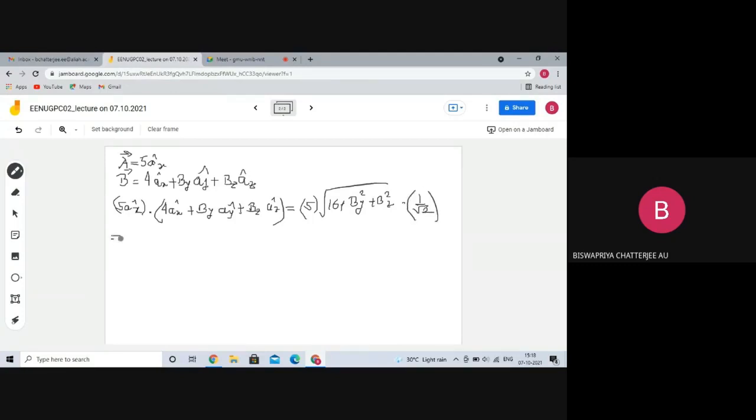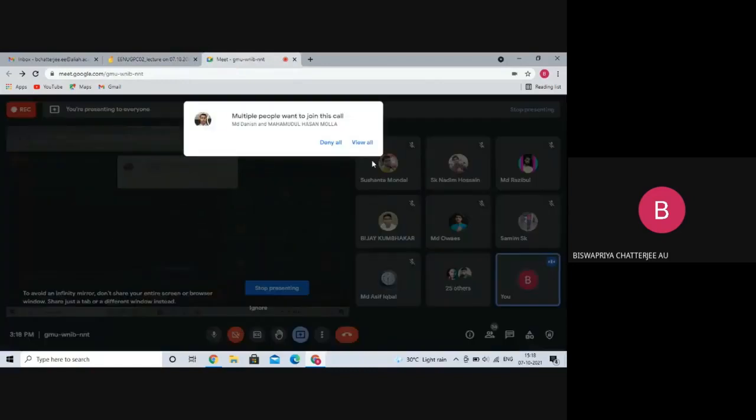So if we multiply, the left hand side will only become 20, because ax dot ax will be 1, and ax dot ay and ax dot az will be 0.